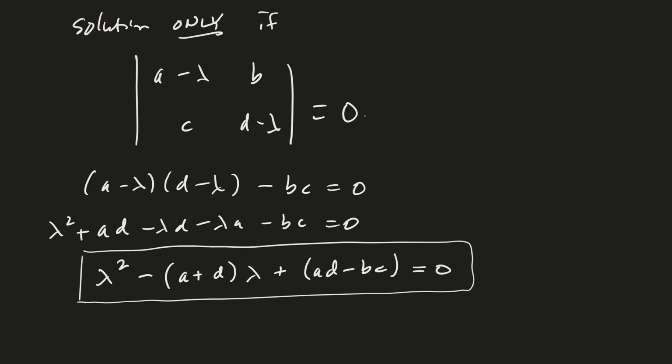So setting the determinant equal to 0 means you have to solve this equation. By the way, this has a special name attached to it. This is called the characteristic equation. We've heard that name before many times.